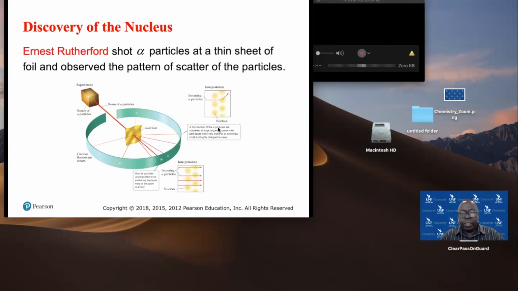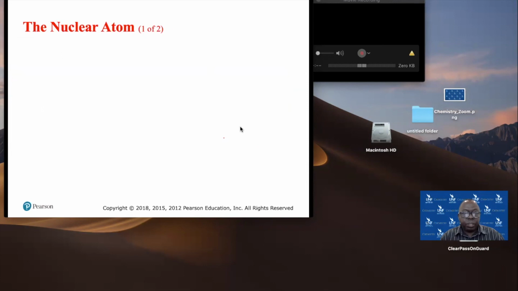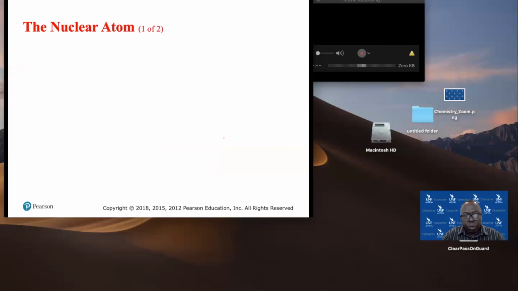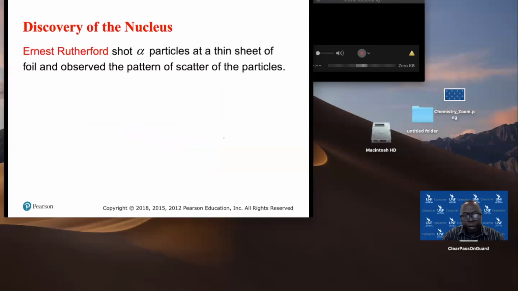This led to the nuclear atom. And with that, it revolutionized the plum-pudding model you see right here.